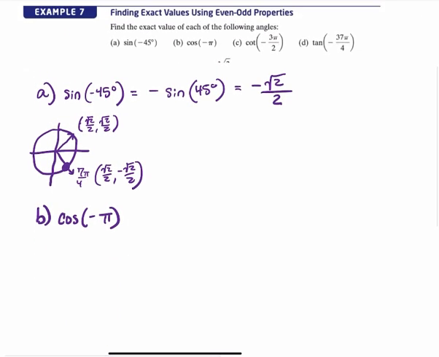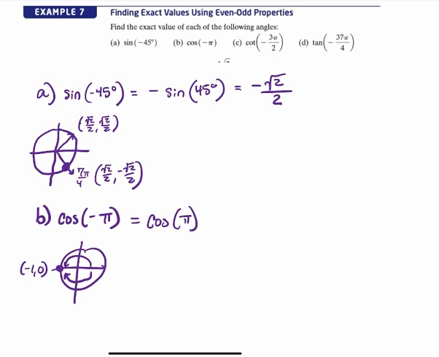But we could also use the idea of coterminal angles. If I know that positive pi lands us over here at the coordinate point negative 1, 0, negative pi also puts us in that same place. So we can say the cosine of negative pi equals the cosine of positive pi.